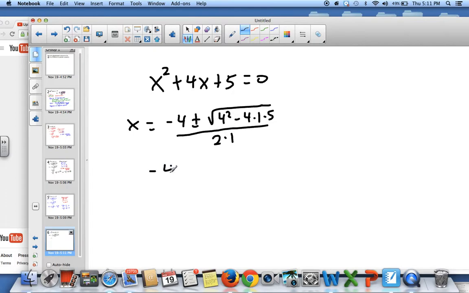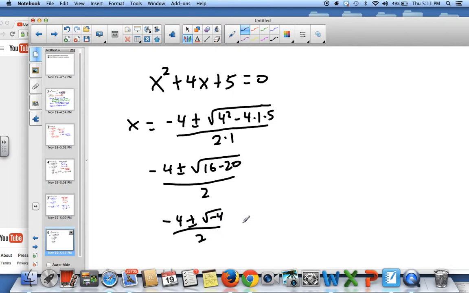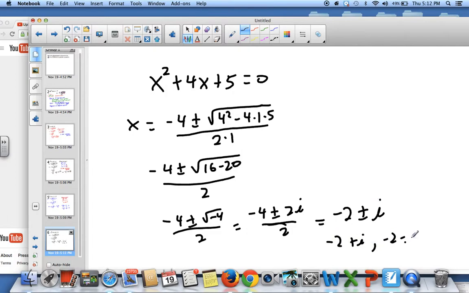That would be negative 4 plus or minus the square root of 16 minus 20 over 2, which is negative 4 plus or minus the square root of negative 4 over 2, which would be negative 4 plus or minus 2i over 2, which I can reduce both of these by 2 to be negative 2 plus or minus i, which basically is negative 2 plus i and negative 2 minus i.